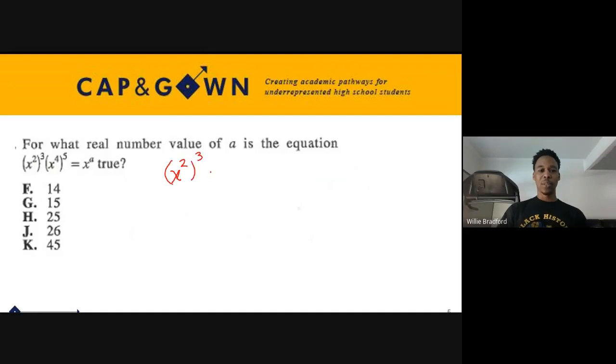If I have a power raised to a power, I need to multiply the exponents. So that's x to the 2 times 3, which gives me 6, and this 4 times 5 gives me 20.